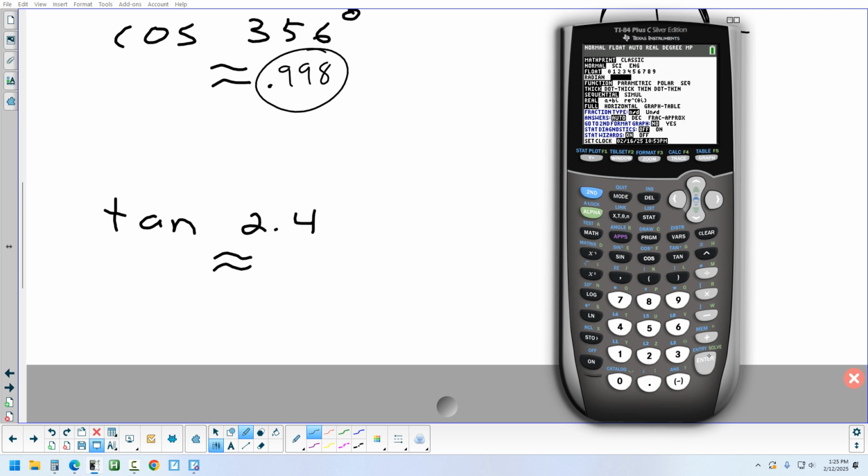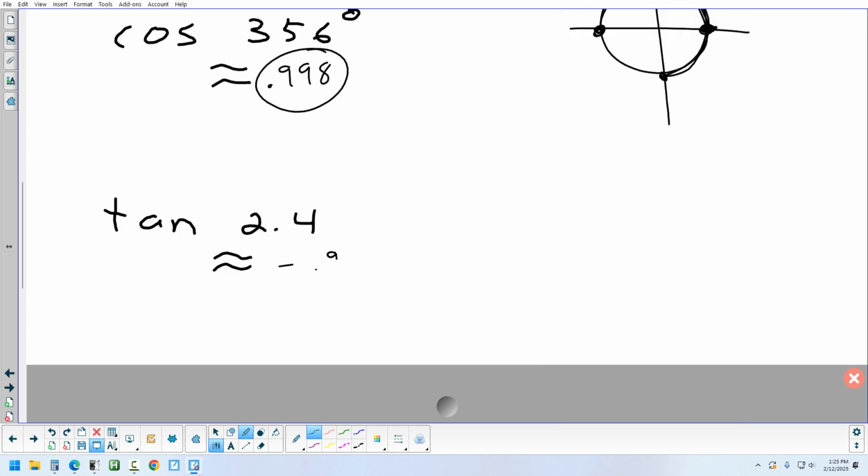But if I type it in a little differently, tangent of 89.999, that's a very big number. That's what I wanted to show you the first time. Tangent does not stay between -1 and 1. So what did we get originally? Negative 0.916. Any question on typing those three in? No.